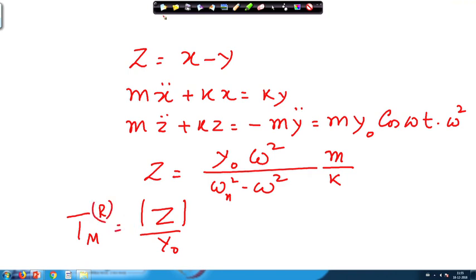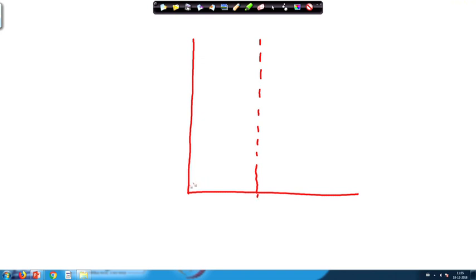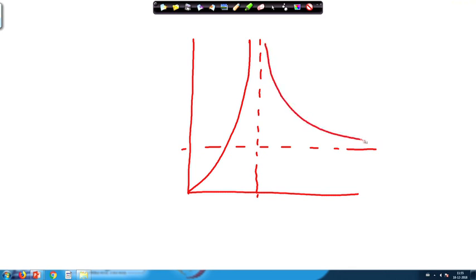If we plot the relative motion transmissibility, it becomes like this: in the low frequency region it goes like this, and in the high frequency region it goes this way. So this is the relative transmissibility against omega.